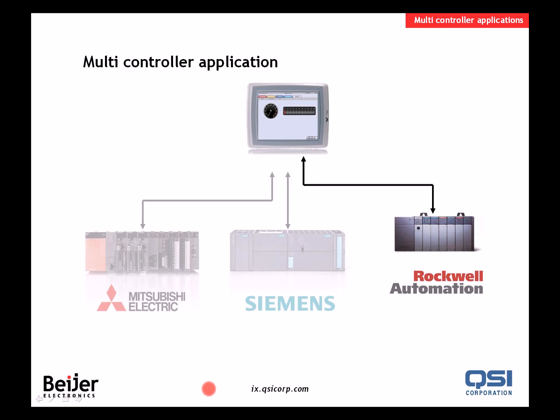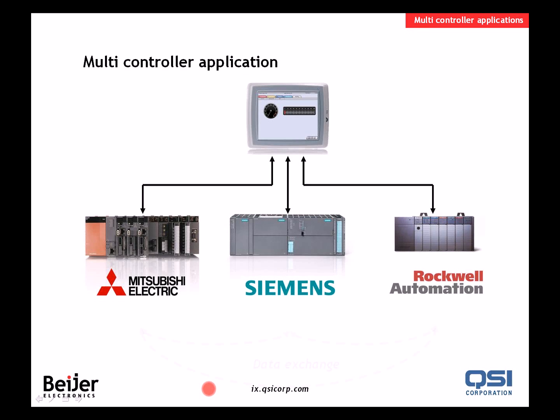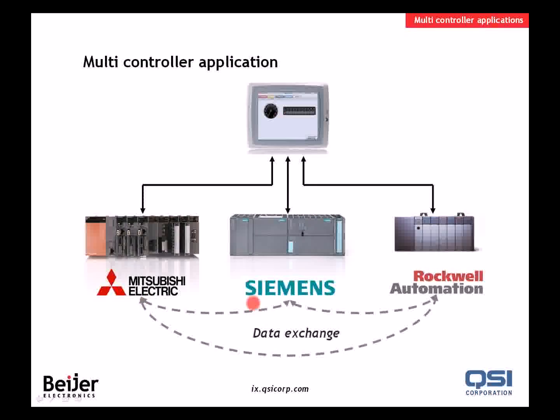Or you can have all three of them connected at the same time and use data exchange to move data from the different PLCs, and having the IX panel or the IX software as a gateway in between.